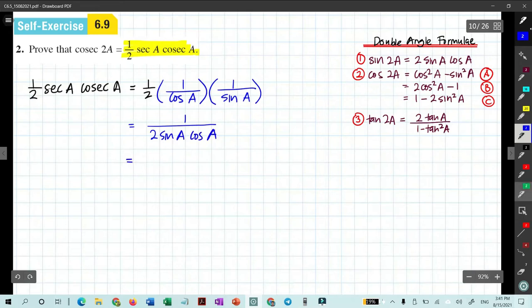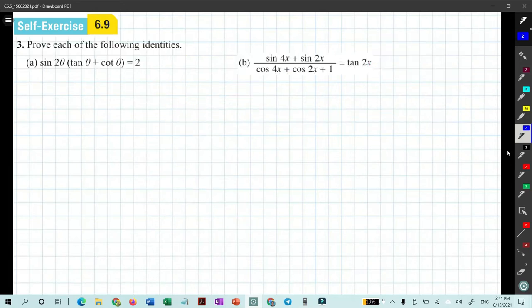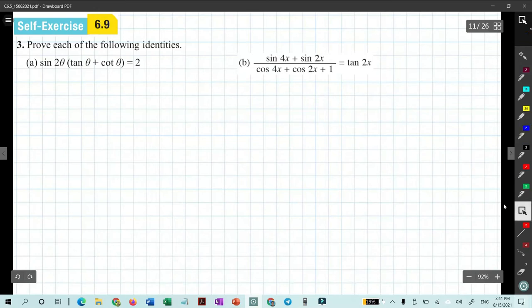And if you refer to the first double angle formula, 2 sine A cos A is actually equivalent to sine 2A. So therefore we will get 1 over sine 2A, and 1 over sine is basically cosecant, and finally we get cosecant 2A.